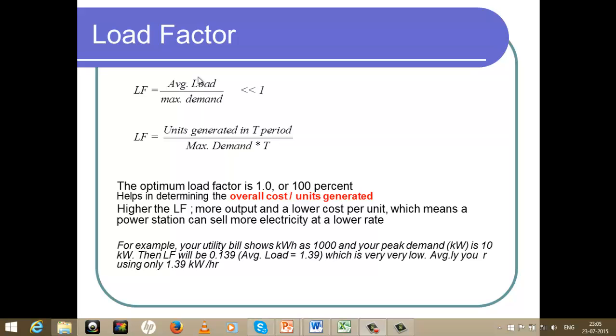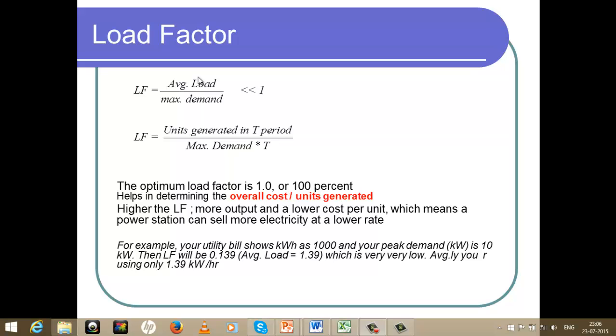In this case, for most of the time you have to operate your generating unit to generate only 20 megawatt, and for only 1 hour you need your generating station to operate at 80 megawatt. In such a case, the average load and the maximum demand have much variation.